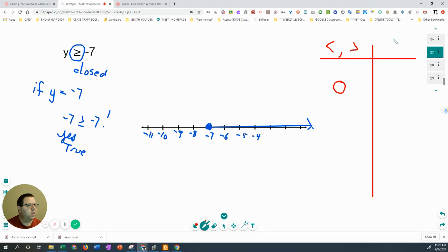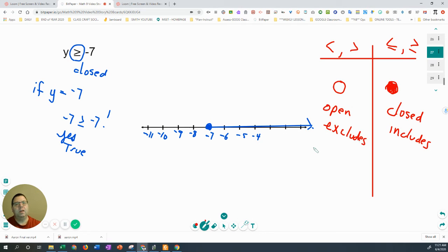Less than or equals to, or greater than or equals to, requires that you shade that dot in. This is called an open boundary. This is called a closed boundary. This includes the number. This excludes the number. Little vocabulary English there.